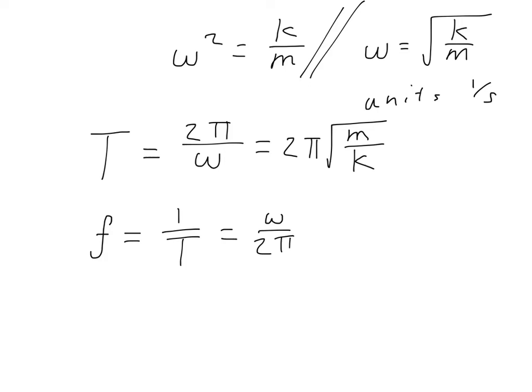So already now from our differential equation we can describe where a block is going to be, how fast it's going to go back and forth and do any sort of complete oscillation, and we also can relate it all nicely to physical quantities that we can measure in the real world.